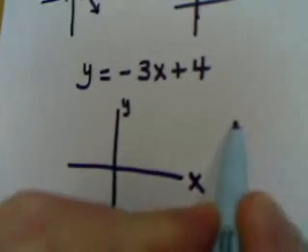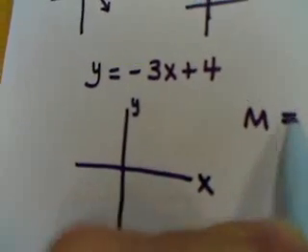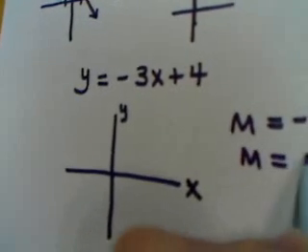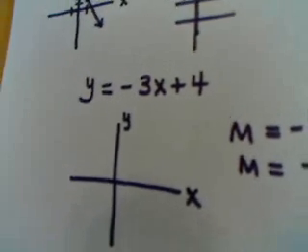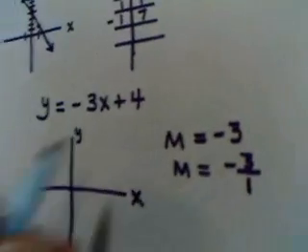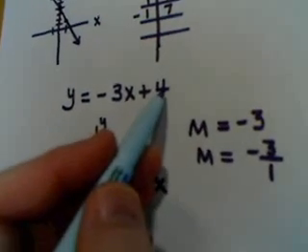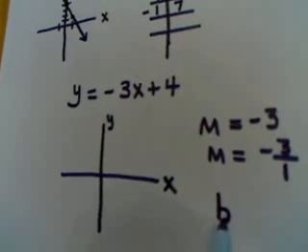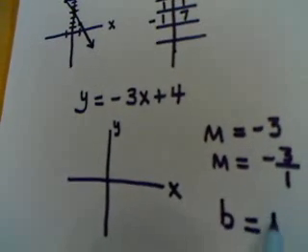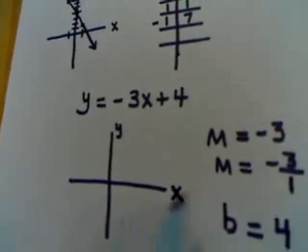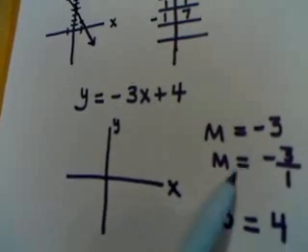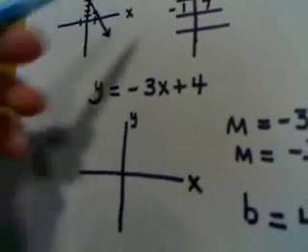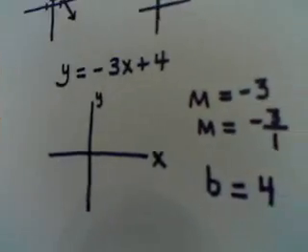So in this case, the slope of the line is negative 3, which we can really write as negative 3 over a positive 1. The y-intercept of the line, which is this constant, the b value, is 4. Now, using these 2 pieces of data from our linear function, we can draw the graph without having to go through all this point plotting stuff.